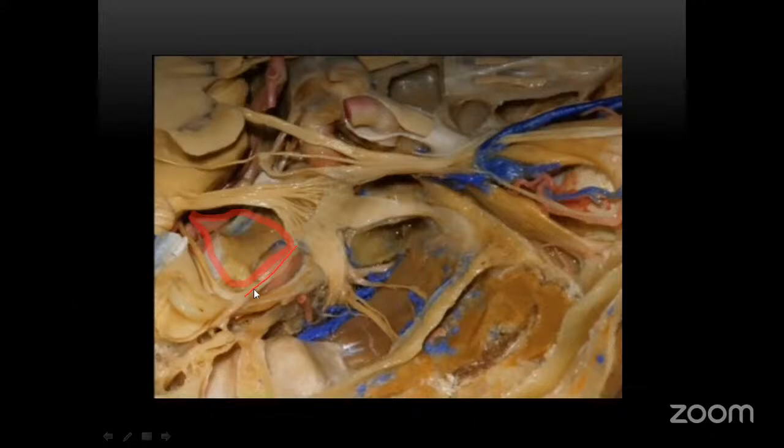What about this structure? Yes, this is the greater petrosal nerve. Behind there will be this red one, the internal carotid artery.